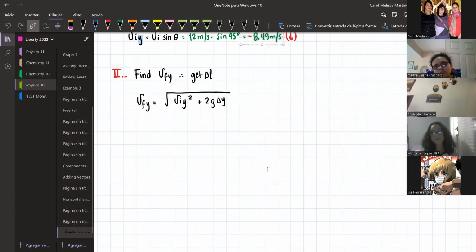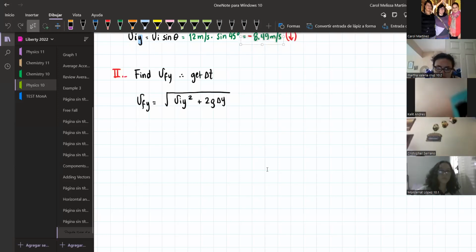Now you will replace the value of gravity, that even if it's not written in the problem, you know that is negative 9.81 meters per second squared.